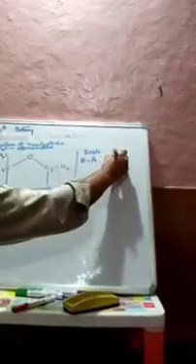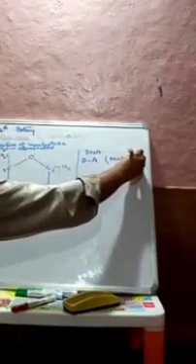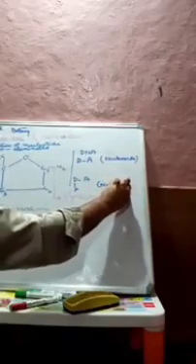Now, if we have the pentose sugar plus nitrogen base and also this phosphoric acid, it is the nucleotide.